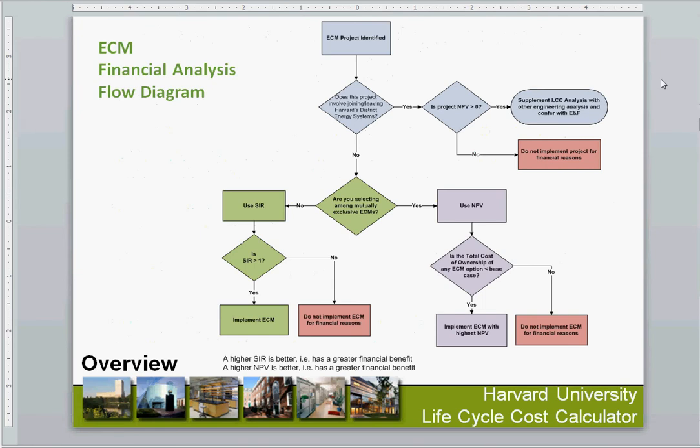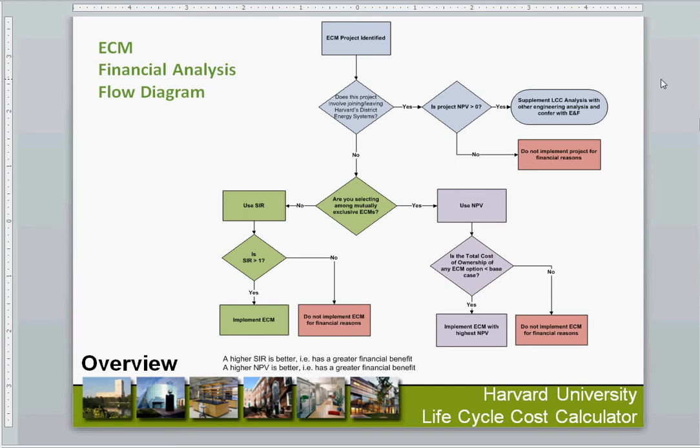We do have a set of financial guidance included in our calculator. I'm not going to go into this in detail right now. Basically, it directs you to use different types of analyses depending on your situation. So for one of the things we looked at, I mentioned district systems earlier.